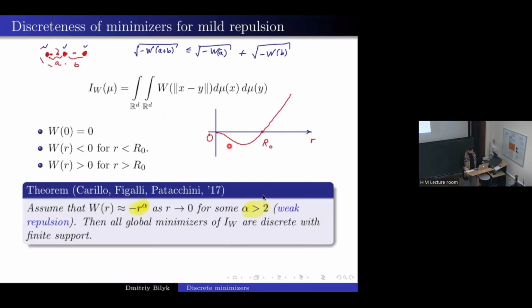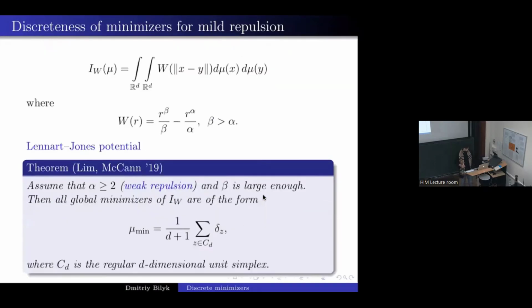So it has precisely this behavior, right? So then the global minimizers of this energy, whenever alpha is greater than or equal to 2, you see here 2 is included, and beta has to be greater than alpha and large enough. Okay. Then the only global minimizers are discrete measures equidistributed among the vertices of a simplex.